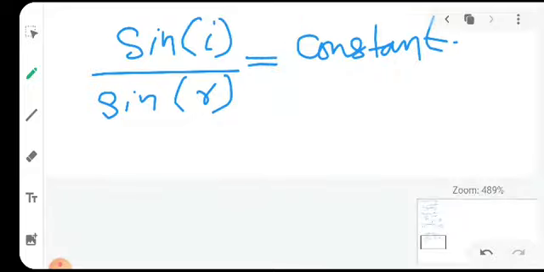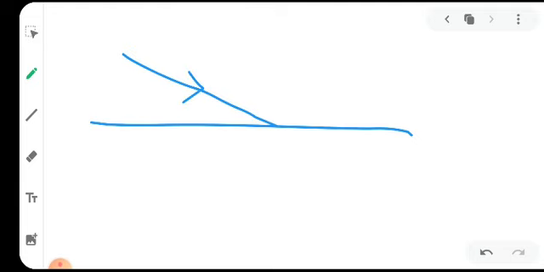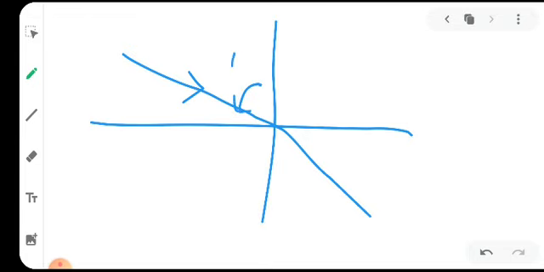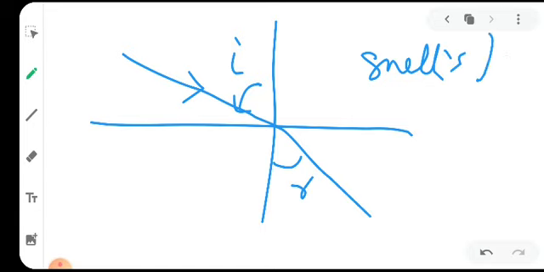What did I mean by deviation? When there is an interface and this incident ray moves from one medium to another medium, this angle I and this angle R must obey Snell's law.